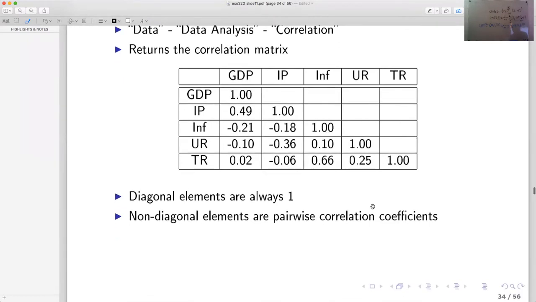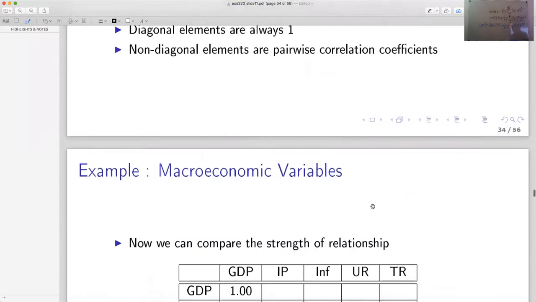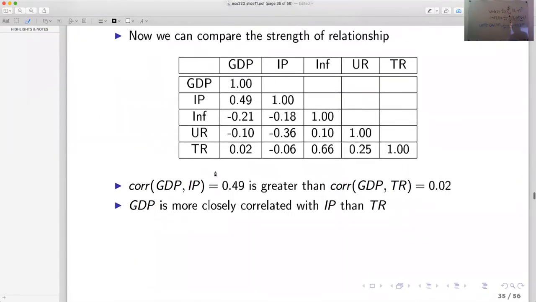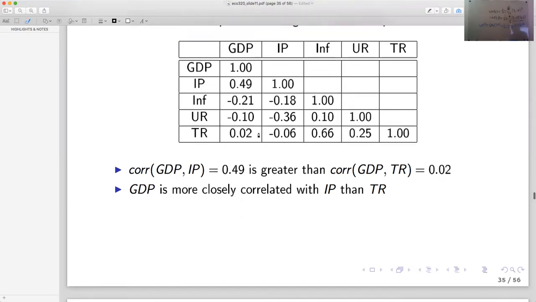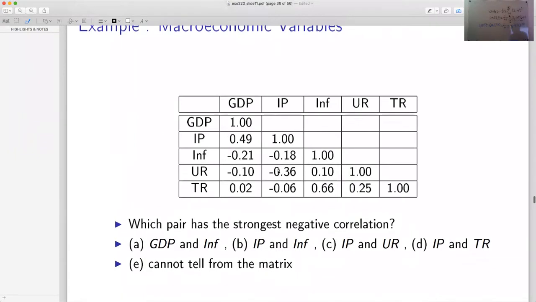Previously it did not. Okay, then we can still interpret that the sign hasn't changed at all. So basically, you can discuss not only the magnitude, but also the directional relationship in a correlation table.